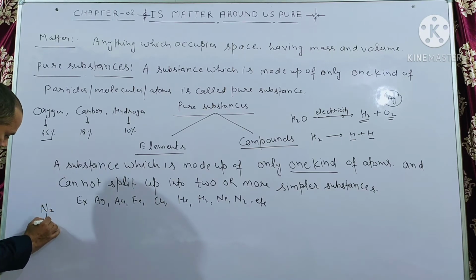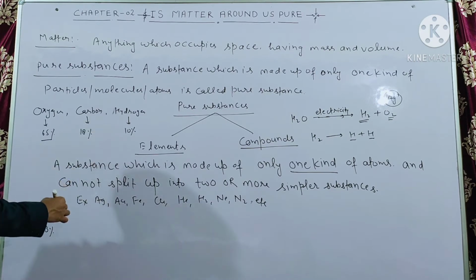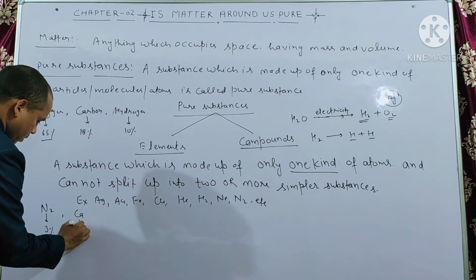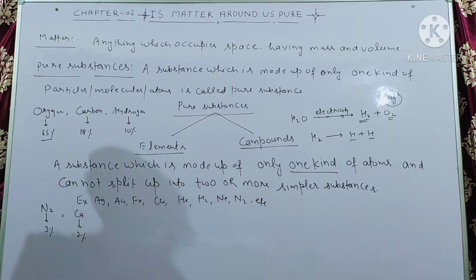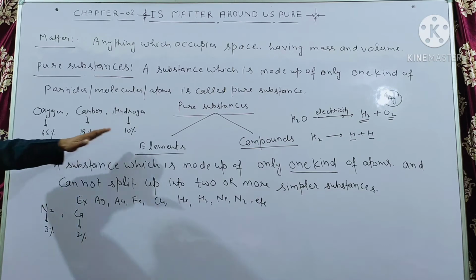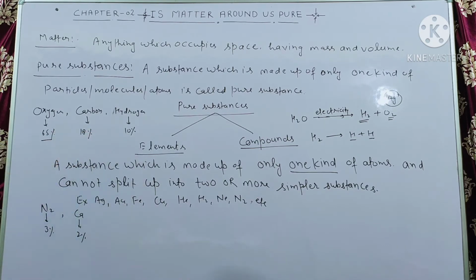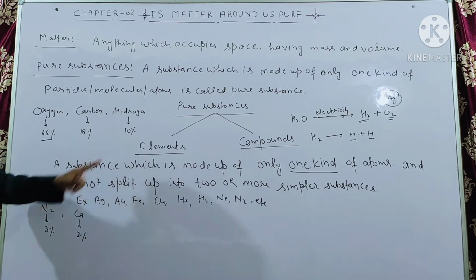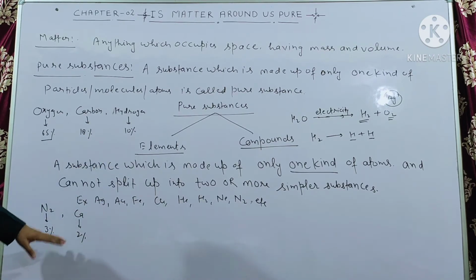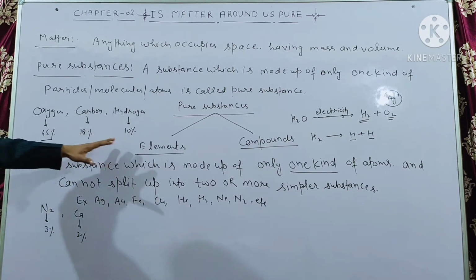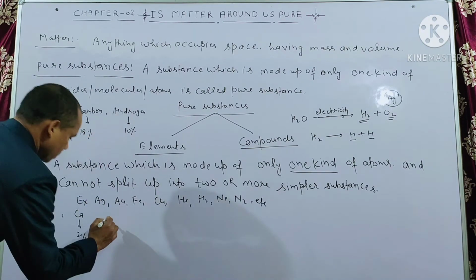And one more thing here: nitrogen is 3% and calcium is 2%. So this is the whole composition. If you add 65 plus 18 plus 10 and 3 plus 2, it is 98%.